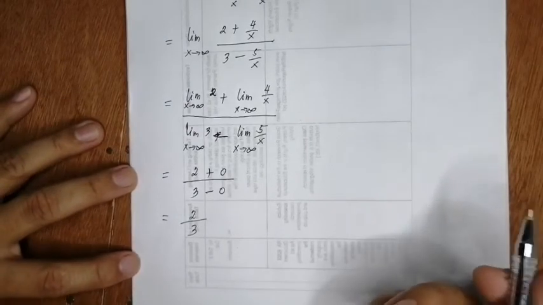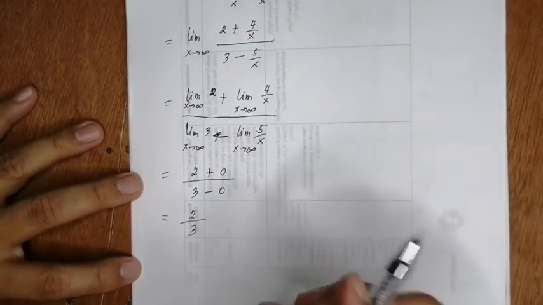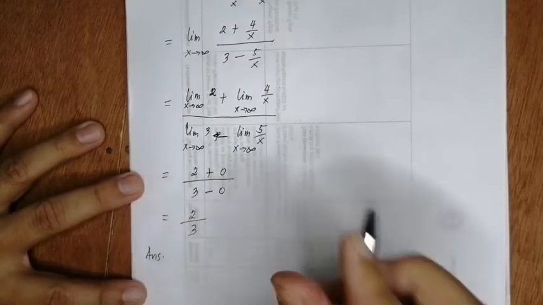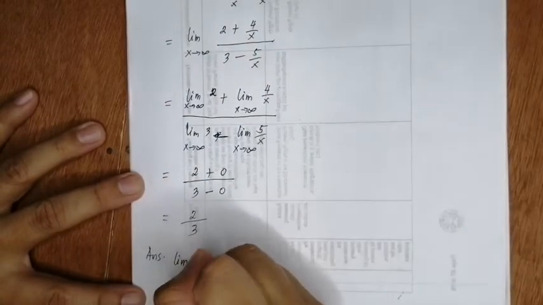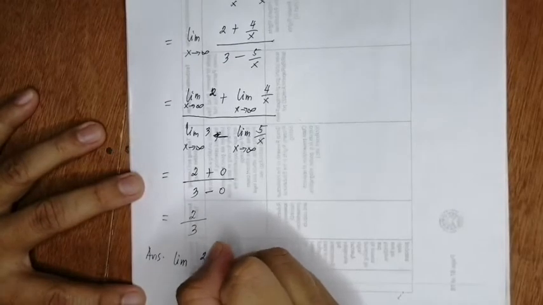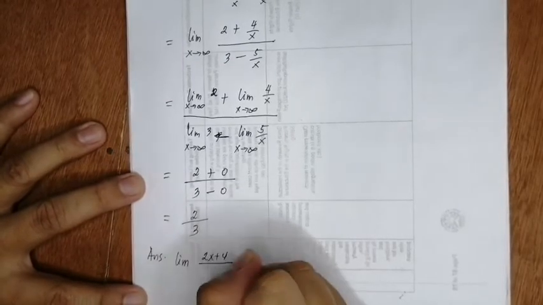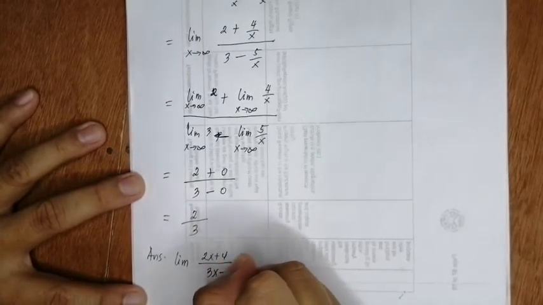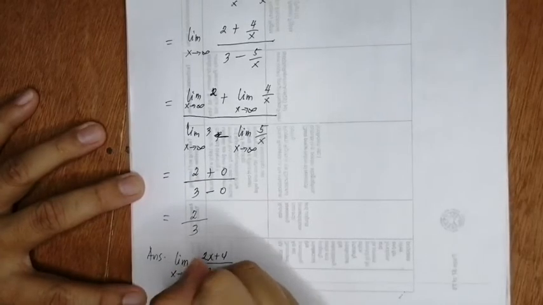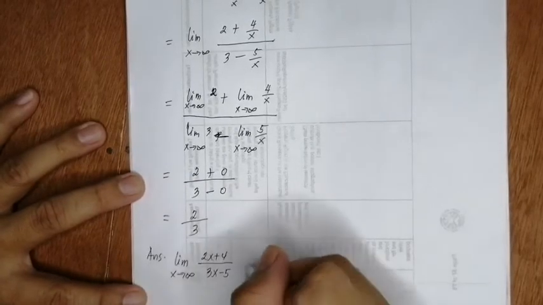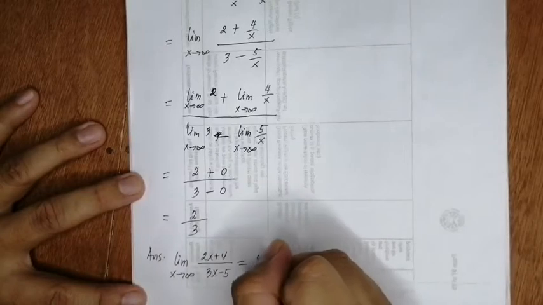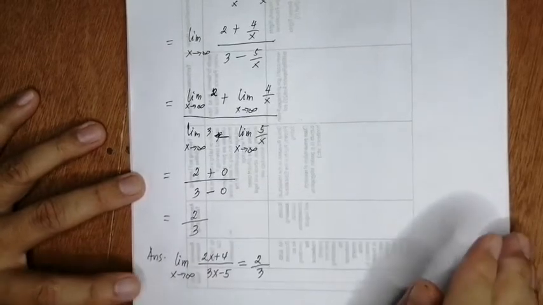So, the limit of 2x plus 4 over 3x minus 5 is 2/3. Okay? So, this will be our final answer. The limit of 2x plus 4 over 3x minus 5 as x approaches infinity is equal to 2/3.